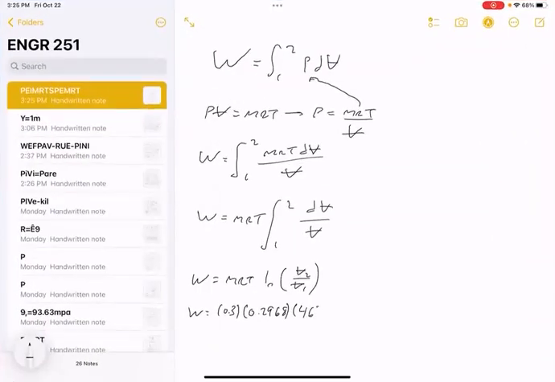So 463 ln of V2 over V1. Bit of an issue here. We don't explicitly know what V2 over V1 is, so we have to first find the volumes.